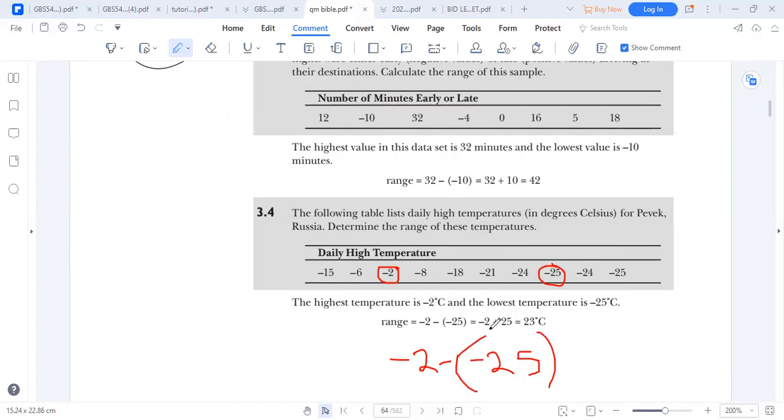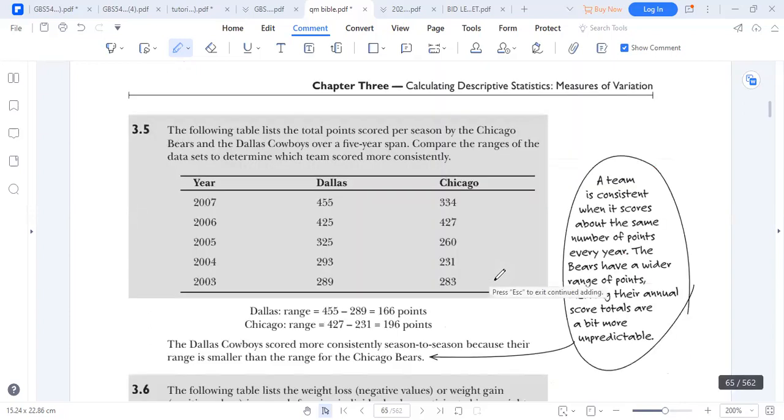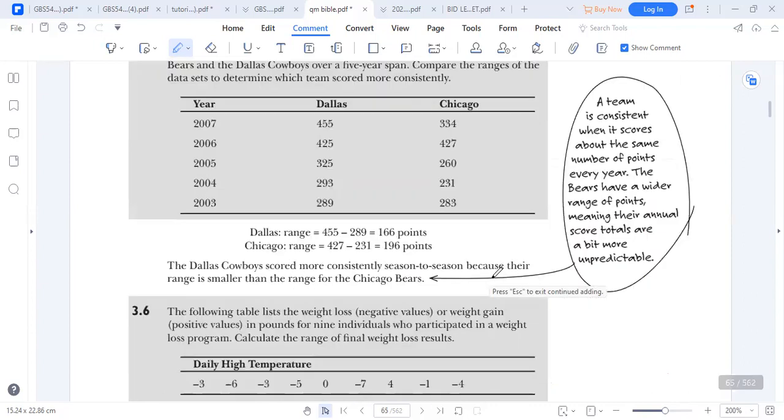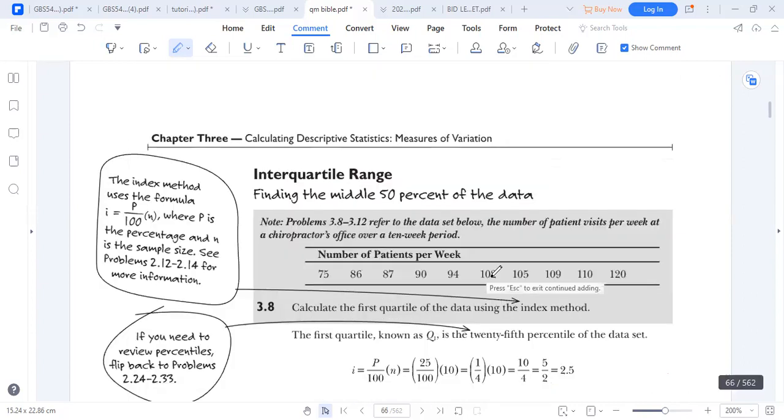So the range here will be positive 23, because this is -2 plus 25. So a range will always be positive. You can never get a negative range because it's the difference between the highest number and the smallest number. So this is how we find the range.